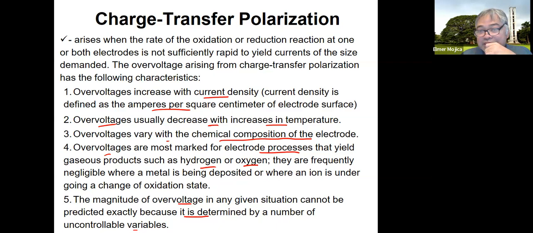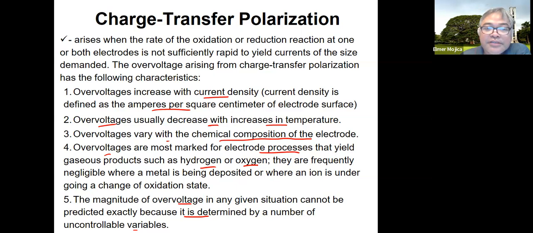This is, we could say, a big field in electrochemistry. So they try to study this one because one metal has different polarization. So if you want to really go into electrochemistry, this is one field that they try to study and understand.